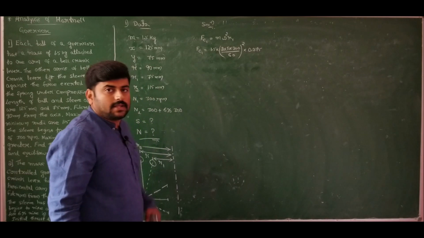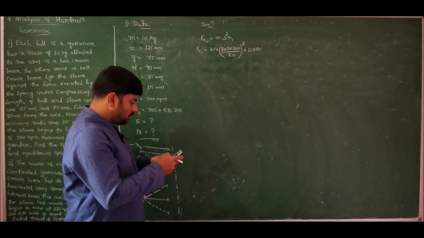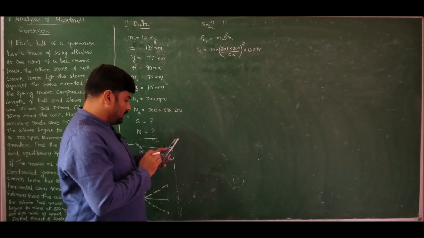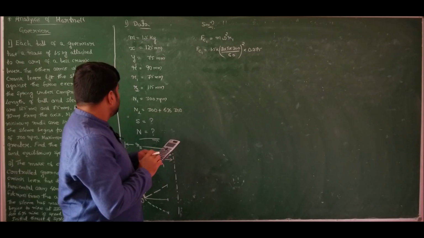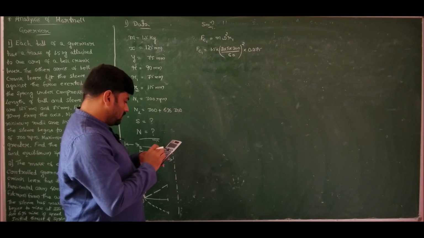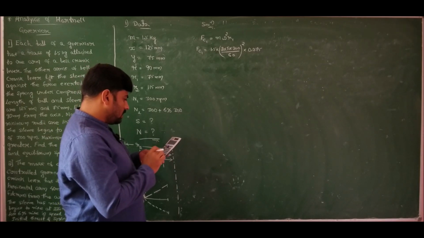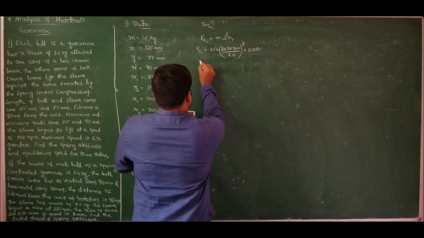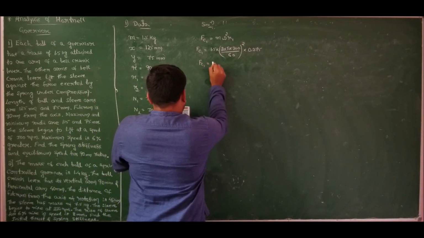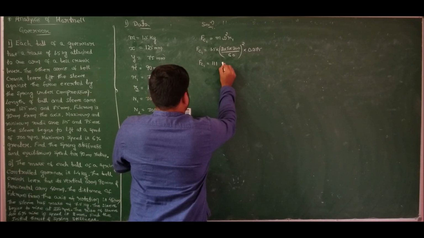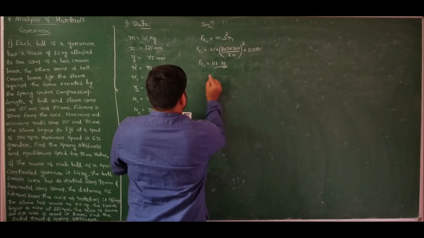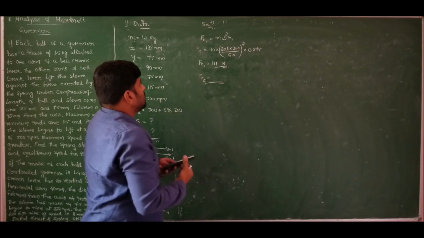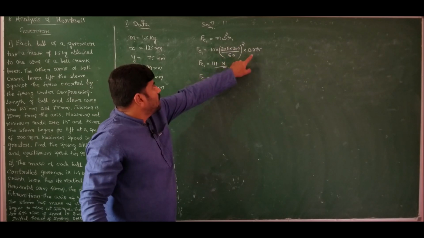Substitute the radius in meters. N1 is 300 rpm. Solving, the centrifugal force turns out to be 111 newtons.